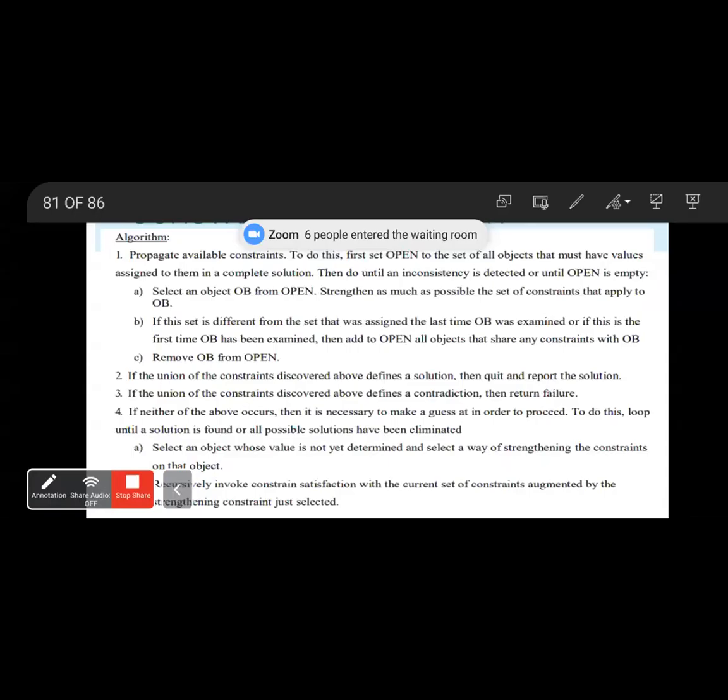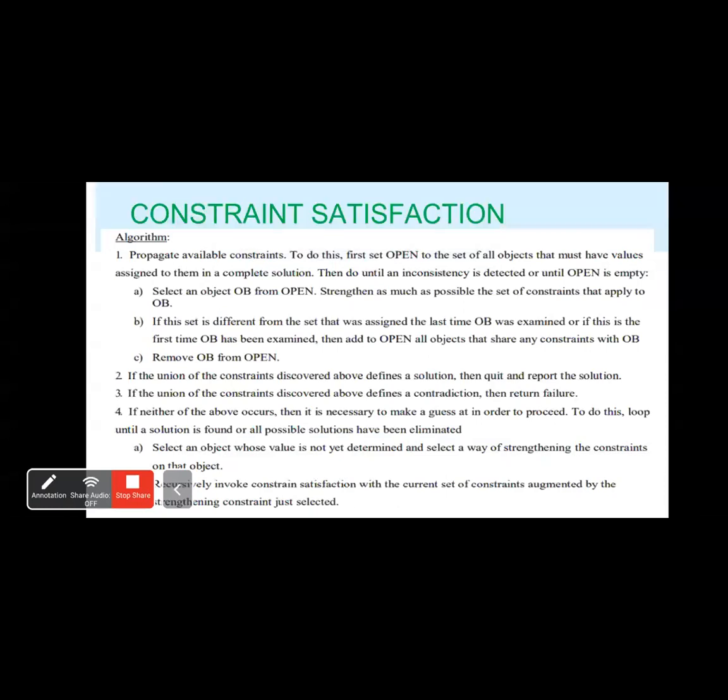Then do until an inconsistency is detected or until open is empty: strengthen as much as possible the set of constraints that apply to the object that was assigned the last time.